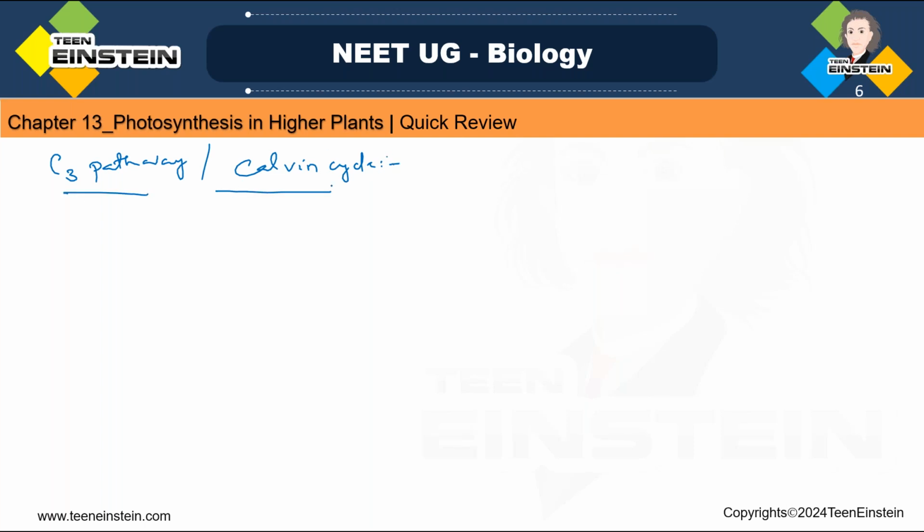All these points are from previous year questions, so after learning this, you can answer all the previous year questions. The C3 pathway, or Calvin cycle, was discovered by Melvin Calvin.